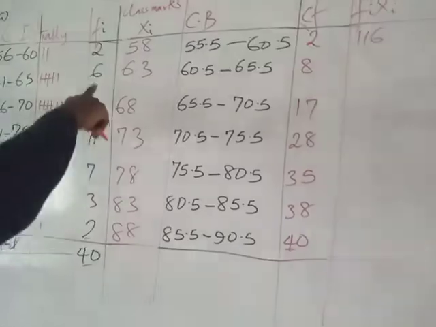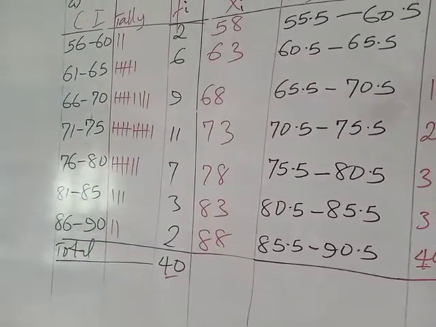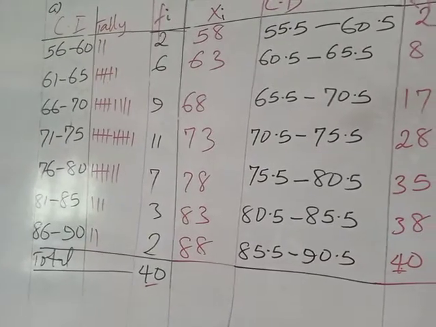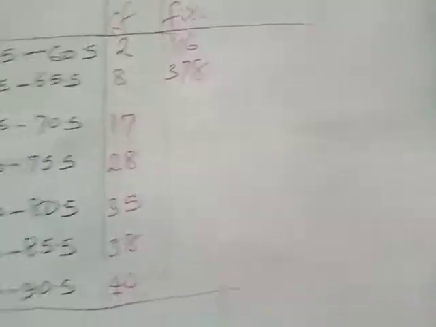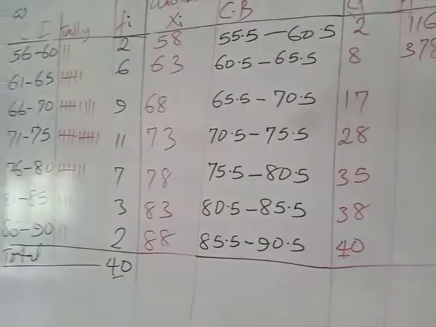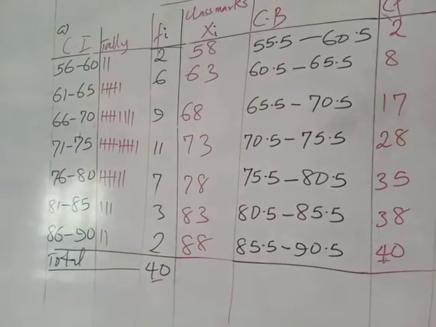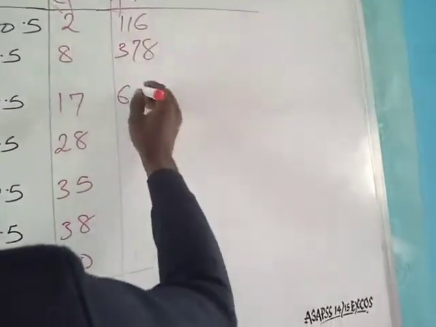If you multiply 6 by 63, we are going to have 378. So 9 times 68 rather, we are going to have 612.